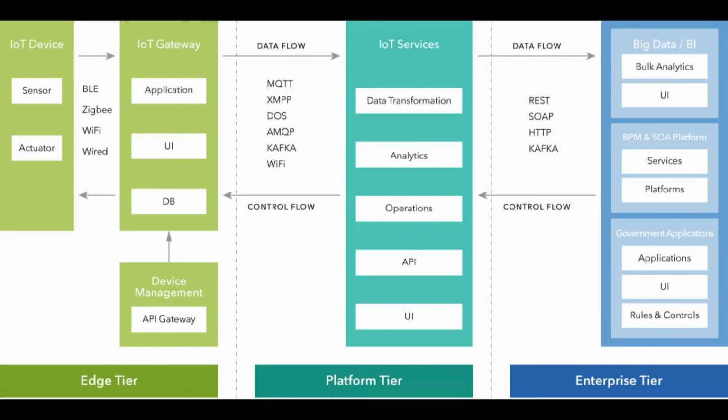It moves the edge computing activities to processors that are connected to the LAN, and then from there all this data will flow to the IoT services, which is the data center. It will receive, process, and forward control commands from the enterprise to the edge tier. In this stage, it consolidates, processes and analyzes data flow from the edge tier and provides management functions for devices and assets. And the next stage will be the final stage, which is big data.